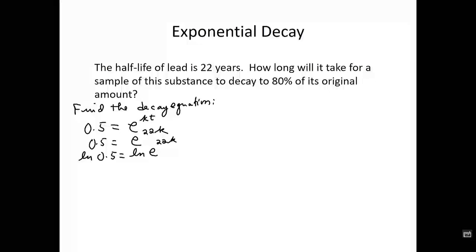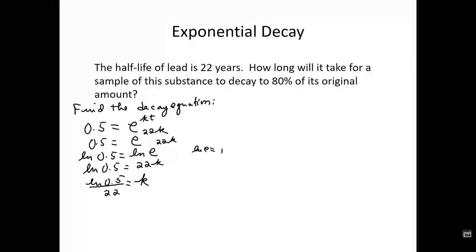All right, so this is the natural log of 0.5. The right-hand side simplifies to 22k. It's 22k times the natural log of e, but again, we know that the natural log of e is 1. All right, so now we can find k. We're going to divide both sides by the coefficient of k, which is 22.